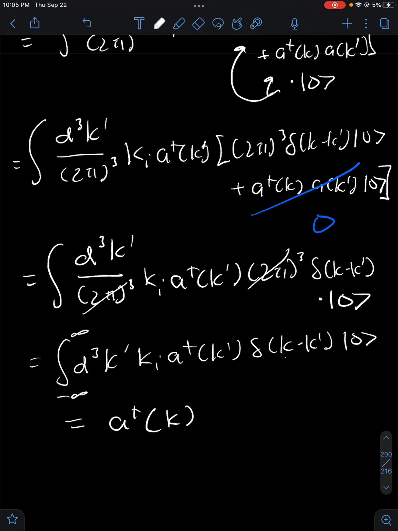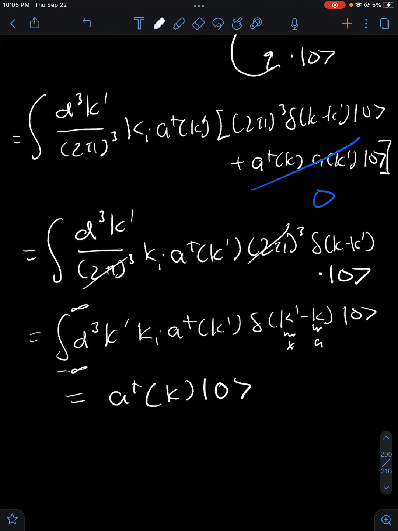Technically speaking, the delta function is an even function, so we could just write this as k prime minus k. Doesn't matter, but this would be the a, this would be the x. So we would just get a conjugate k, and then acting on the vacuum state.